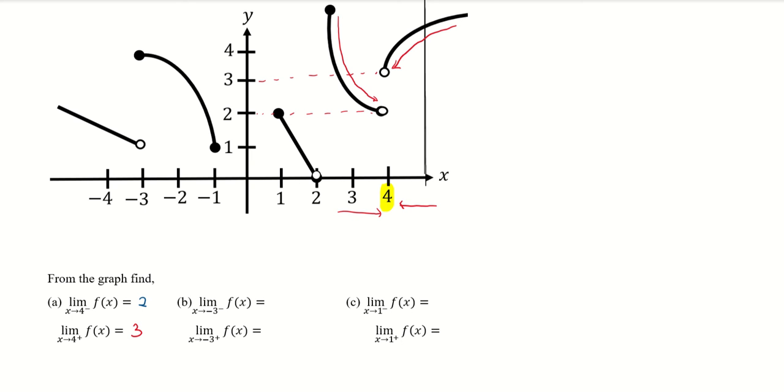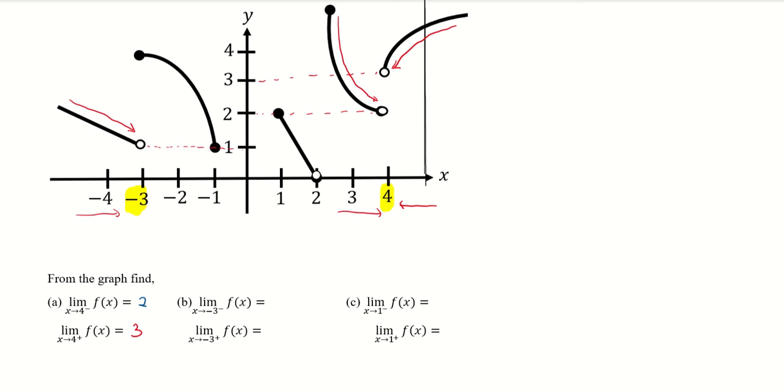Part b, the limit as x approaches negative 3. Negative 3 is here. Approaching negative 3 from the left, you can see the graph is moving toward the value 1.